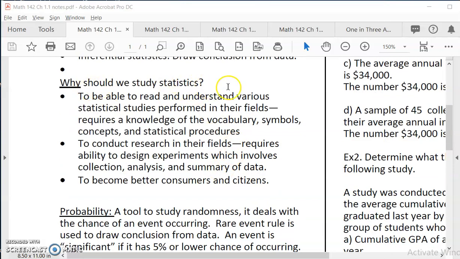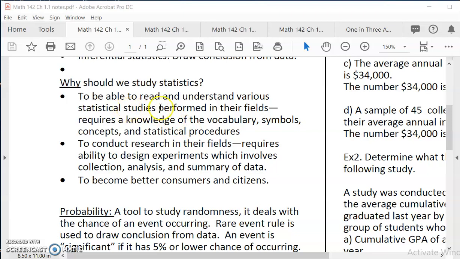So why should we study statistics as a statistics student? I think there are three main reasons why studying statistics is good for you, other than satisfying your major requirement or transfer requirement or whatever.